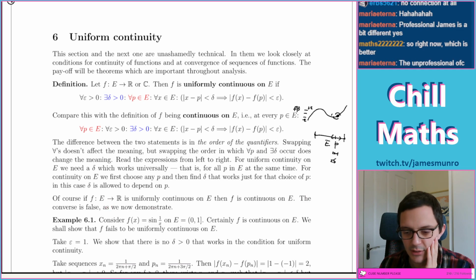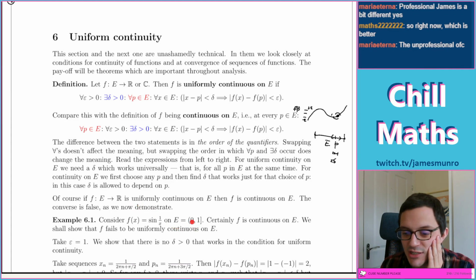Good. Okay, so time to look at some weird functions like this example, sine 1 over x. That's the one that's very wiggly near 0, and not defined at 0. Our domain E is just this range here. Round bracket here means not including this left limit. Square bracket means including that limit.